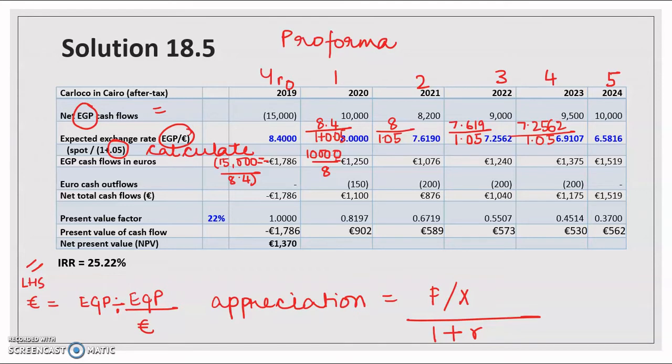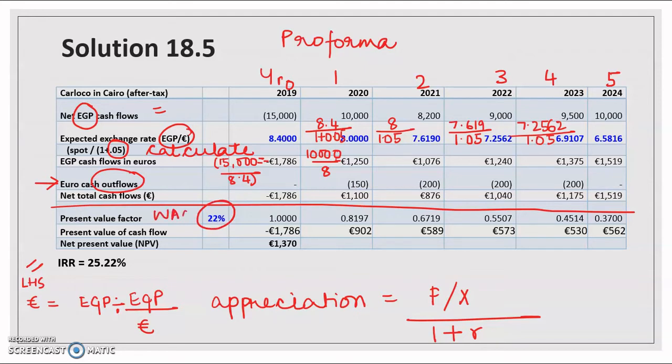Then you add any additional euro cash flows that have been mentioned. In this case, it's all outflows. So that has to be implemented to get your net total cash flows. So this essentially is where you look at totaling up. Your WACC has already been mentioned as 22%.